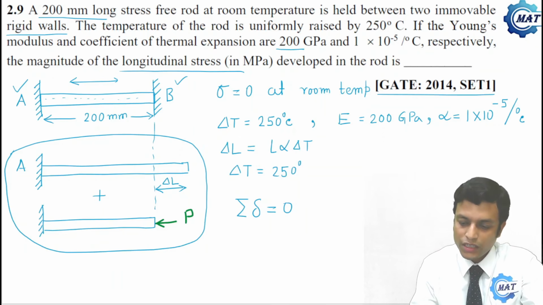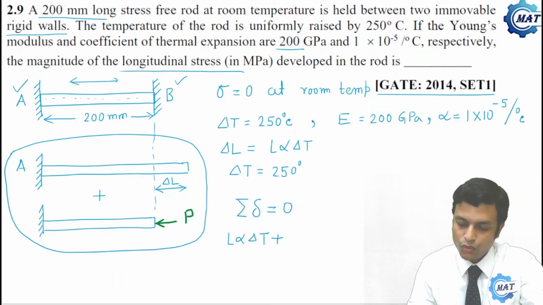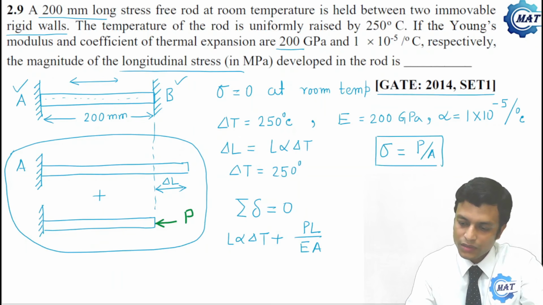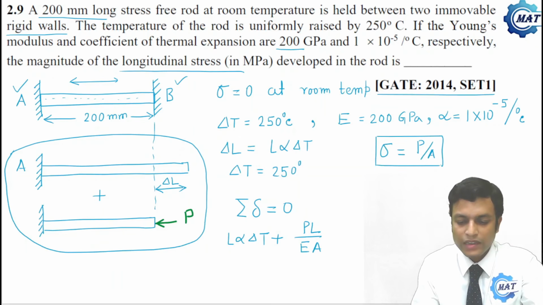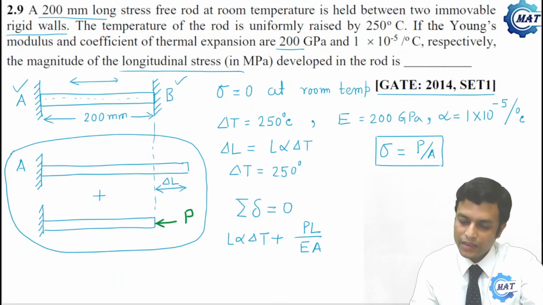So what is elongation due to temperature rise? That is L alpha delta T. What is deformation due to force P? That is PL by EA. Now what is stress developed? Stress developed in the rod is nothing but P by A. Stress sigma is P by A, because force P is subjected to the rod by the rigid supports or rigid walls. So P by A is nothing but the stress.